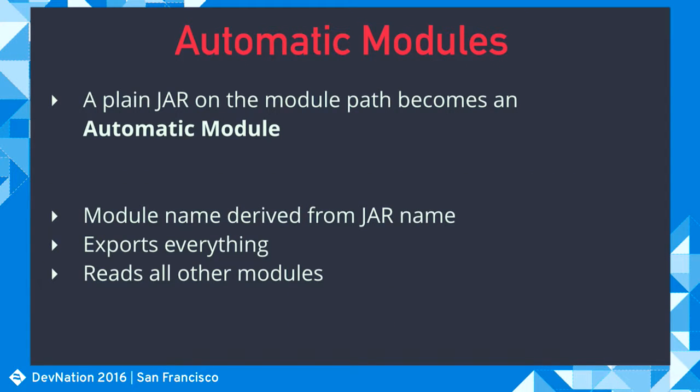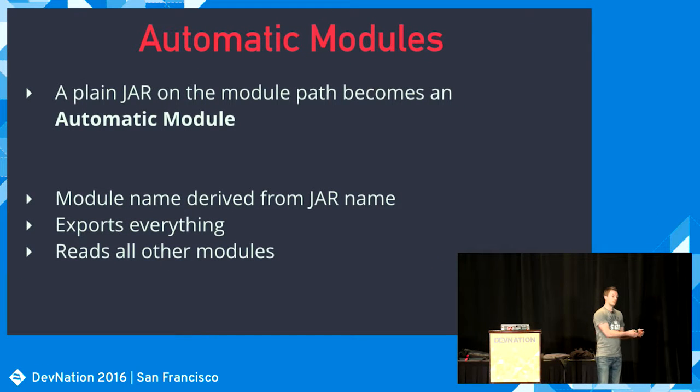So an automatic module is just a plain jar file as we have today, without any kind of module metadata. But instead of putting it on a class path, we just put it on a module path. And it will automatically transform it to an automatic module. And an automatic module is a module that has a module name which is derived from the jar name. So they basically take off the version and replace some symbols that are not allowed in module names.